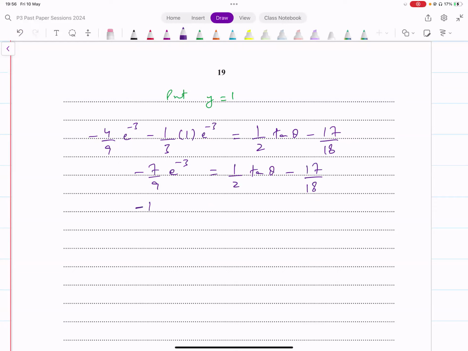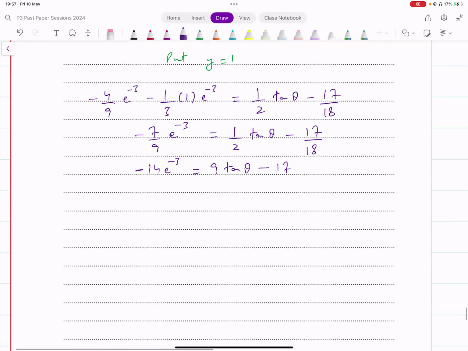And that gives me minus 14 e raised to power minus 3 equals 9 tan theta minus 17. What does this become? 17 minus 14 e raised to power minus 3 equals 9 tan theta, and tan theta equals 17 minus 14 e raised to power minus 3 divided by 9.